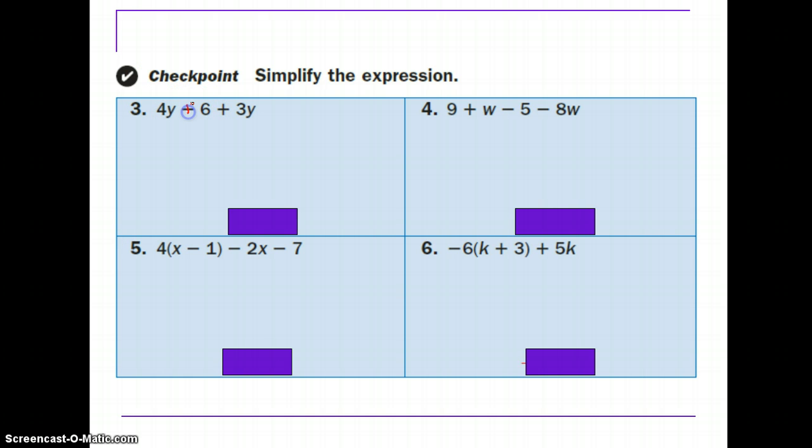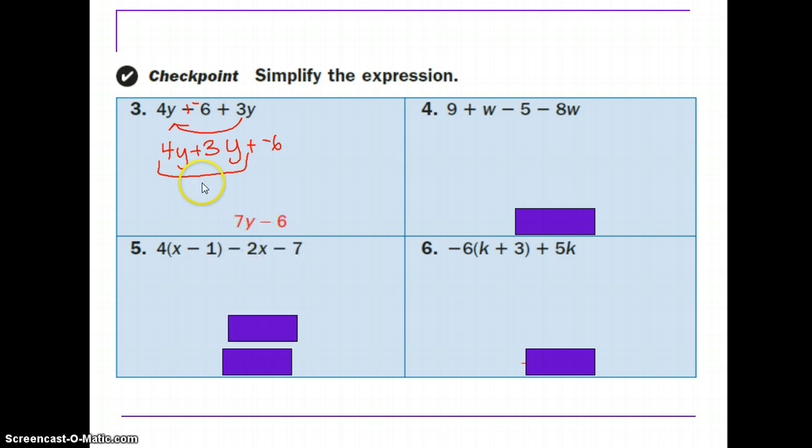Number 3, move the like terms together. 4y plus 3y plus negative 6. Well, the only thing you can combine is 4y and 3y to make 7y. And again, you can have 7y plus negative 6. Number 4, change subtraction to adding the opposites.